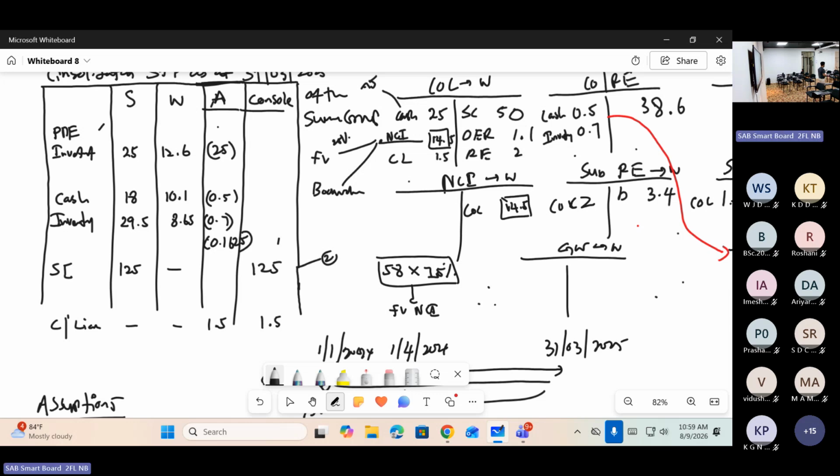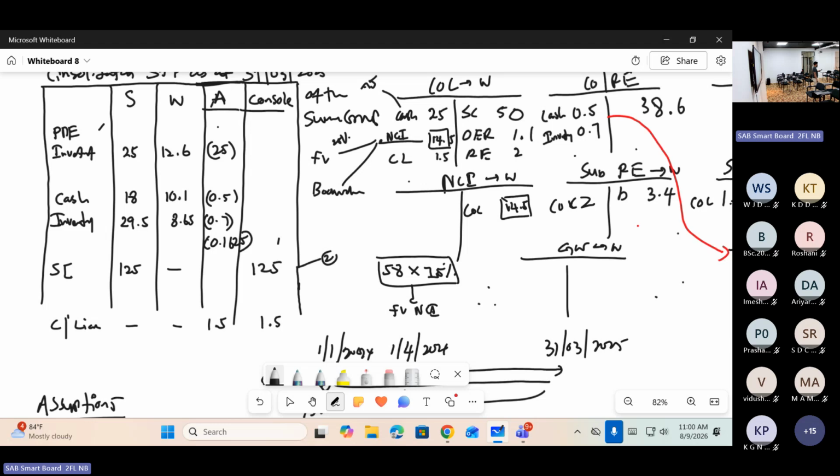Trade receivable, how much? 13.4, right? 35.7. You need to take the parent entity, not the subsidiary, right? Parent entity 35.7, and we have to do a 10% provision.